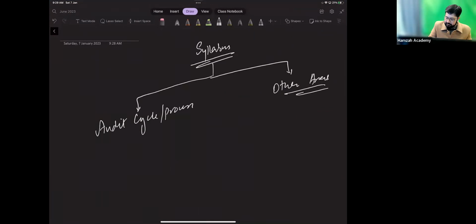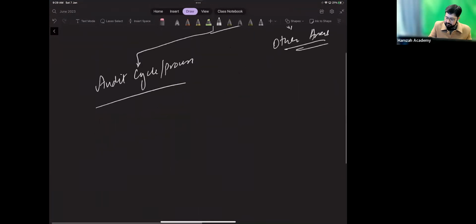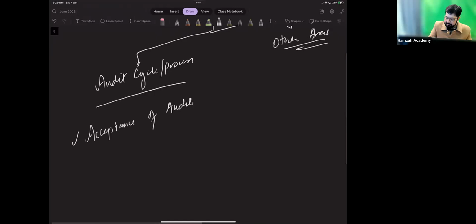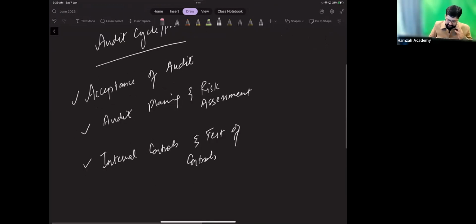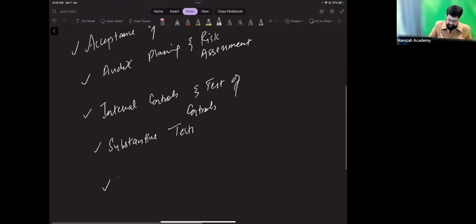The audit cycle starts with the acceptance of audit, and then audit plan and risk assessment. Then internal control and test of control. And then substantive test. Then the review and report. This is the audit process.